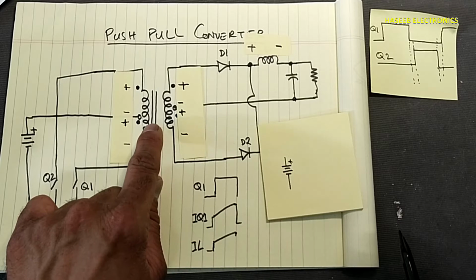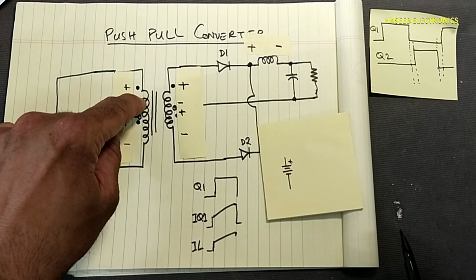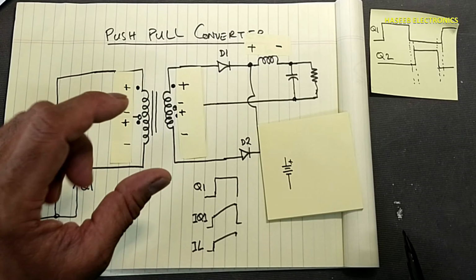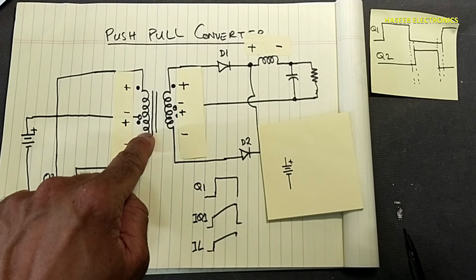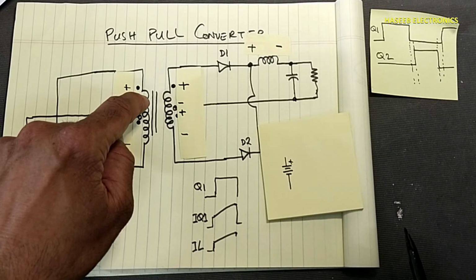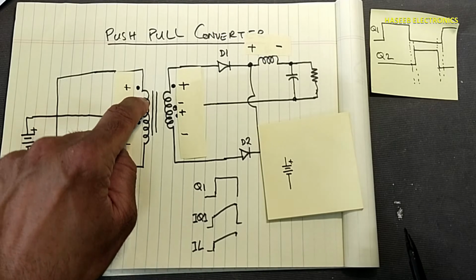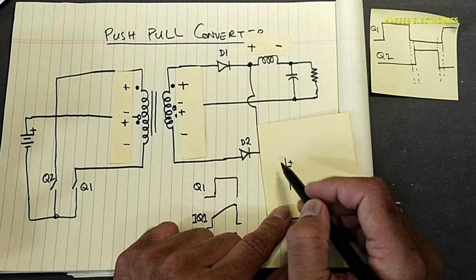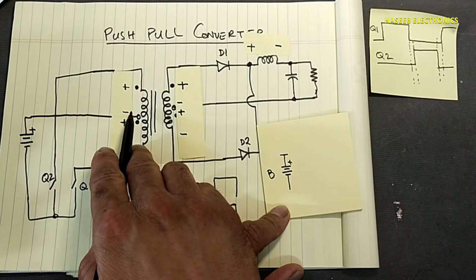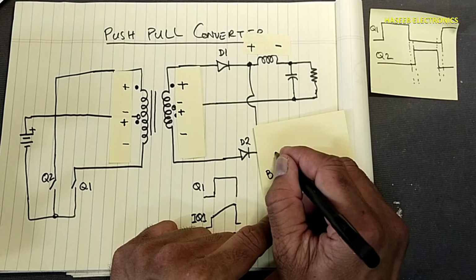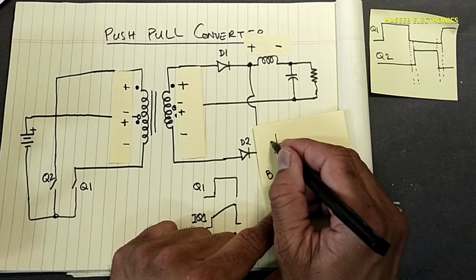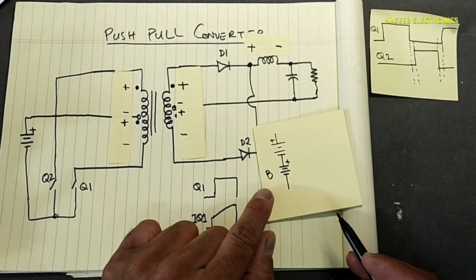The same voltage will be produced in this portion because both winding turns are equal. So the magnetic field here will cause the same amount of voltage to be produced in this portion. Now this is the battery, and this is the negative end of this winding. Negative, positive, negative, positive. We can say two batteries are in series.